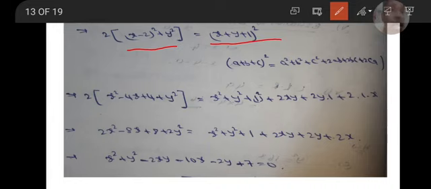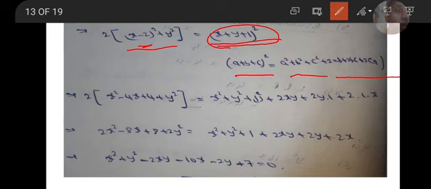Here on the RHS, we have (x plus y plus 1) whole square, which means (a plus b plus c) whole square. That is the formula: a square plus b square plus c square plus 2ab plus 2bc plus 2ca. Okay, a square plus b square plus c square plus 2ab plus 2bc plus 2ca. The a value is x, b value is y, c value is 1.